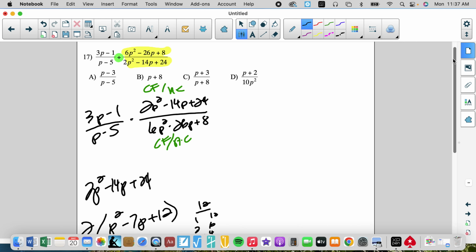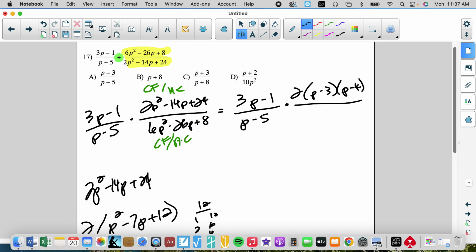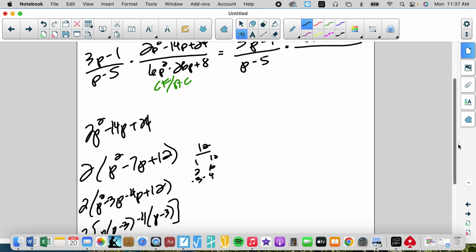So that's 2 times p minus 3, p minus 4. So 3p minus 1, p minus 5. And that new numerator is going to be 2 times the quantity p minus 3, p minus 4. Let's look at the bottom right. And that's 6p squared minus 26p plus 8.